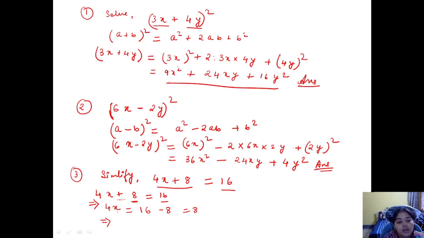Now here 4 is multiplied with x, so we get 4x is equal to 8. We are going to divide this 8 by this coefficient, that is 4, for getting the value of x. So 8 divided by 4, 4 2's are 8. So we get that x is equal to 2. So this is my answer for this simplification.